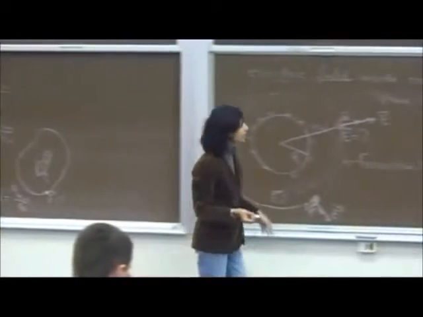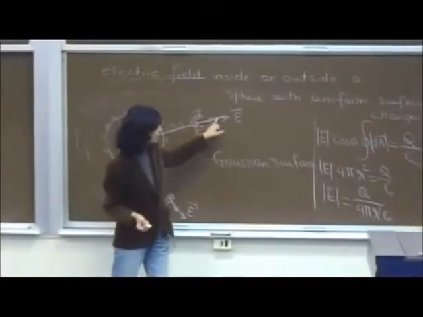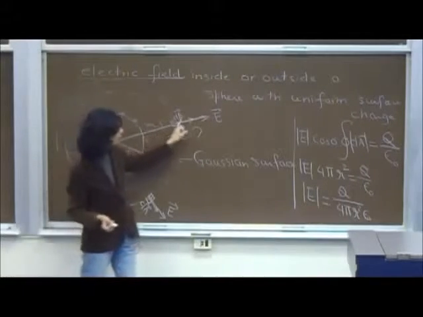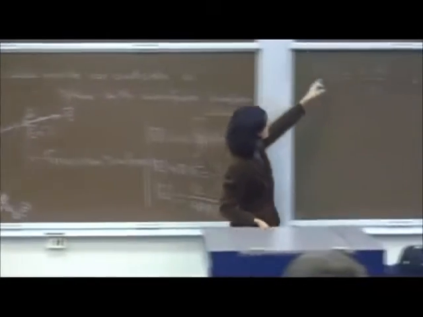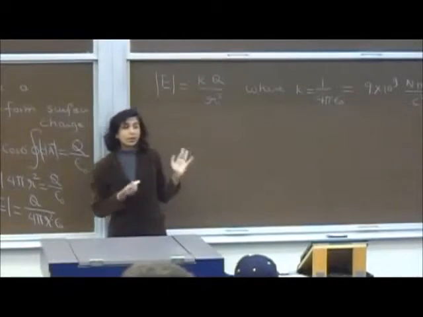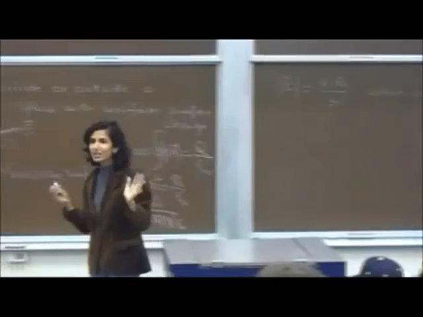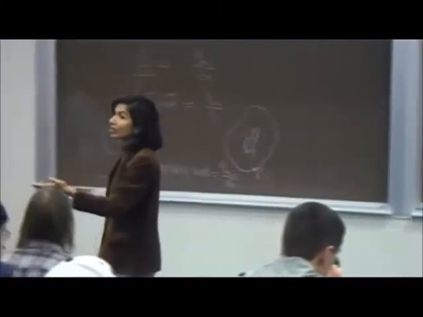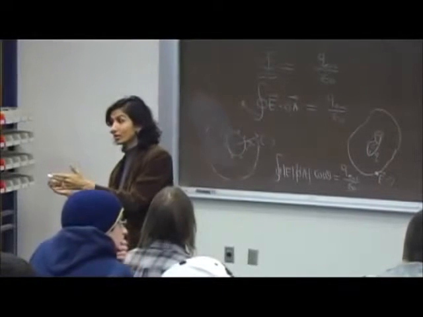So one thing you can see is that as you go farther and farther away from the sphere, so long as you are outside the sphere, the electric field is decreasing as 1 over r square. That's true. But this is exactly the same expression that we had for electric field due to a point charge.